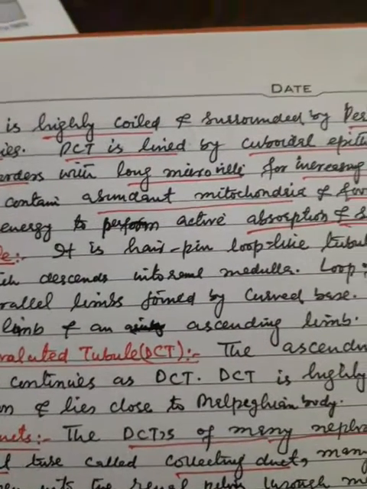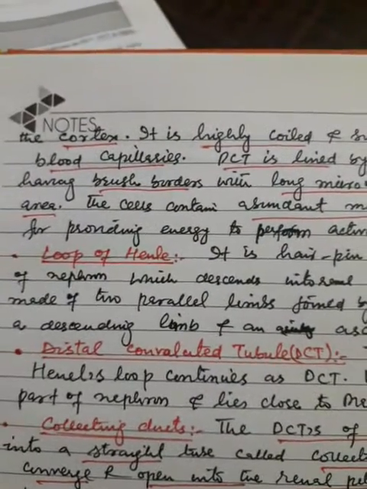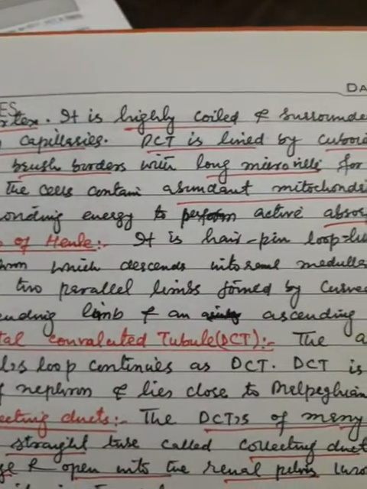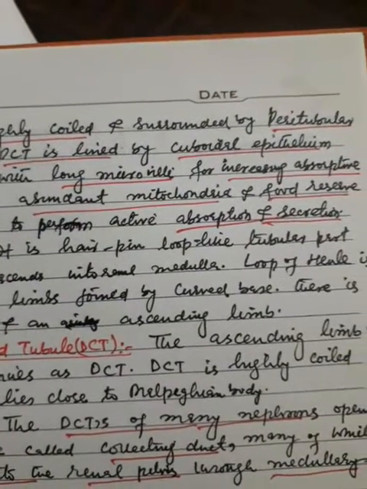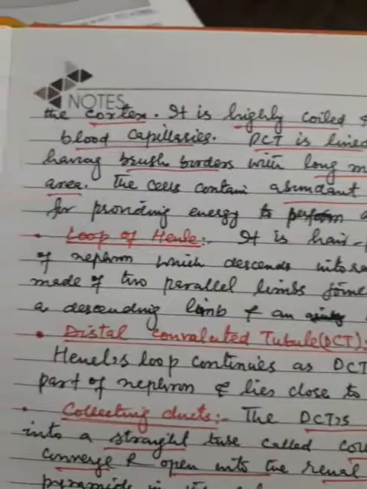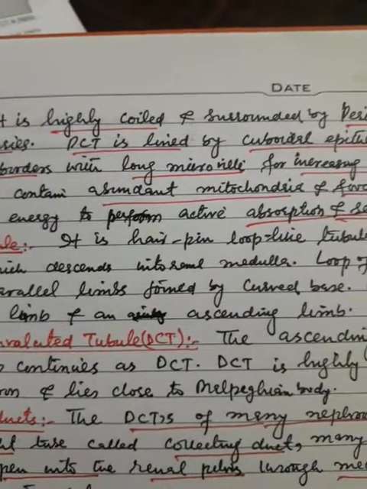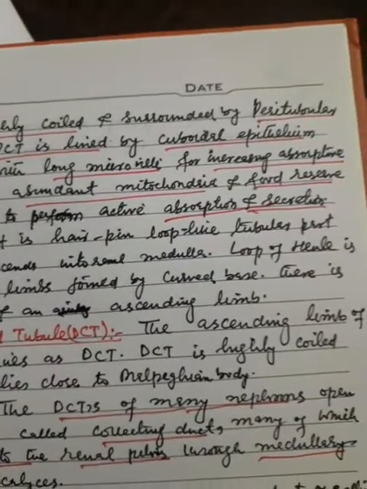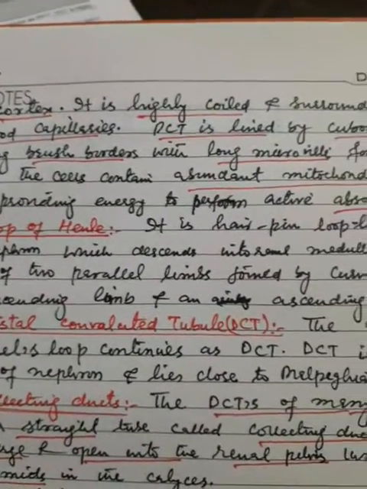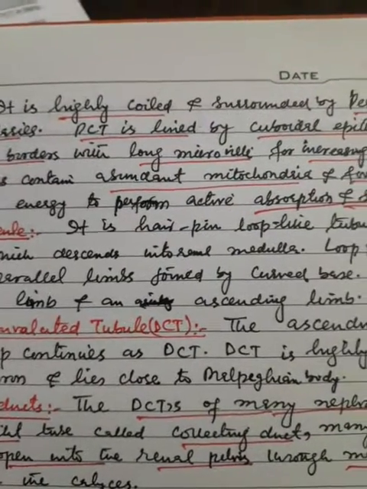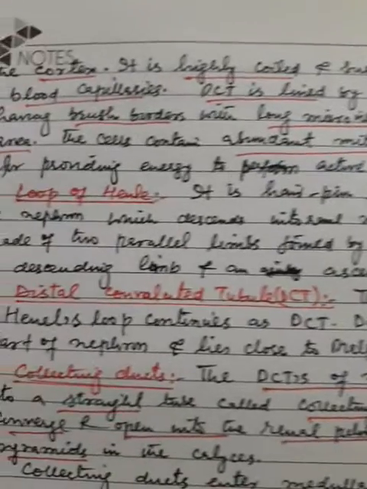PCT is lined by cuboidal epithelium having brush borders with long microvilli for increasing absorptive area. The cells contain abundant mitochondria and food reserve for providing energy to perform active absorption and secretion.